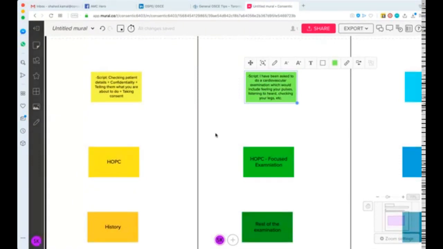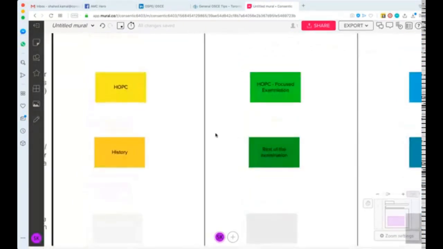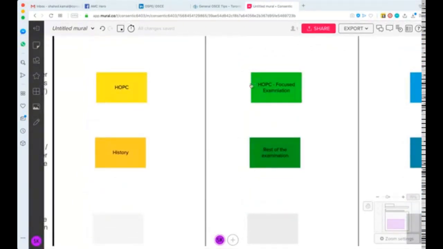Okay. So now I'm going to move on to history of presenting complaints. This is the history on the left side and the examination on the right side. Let's talk about the history. Again, I want you to think of every OSCE station as two parts: the history of presenting complaint, and then the rest of the history.